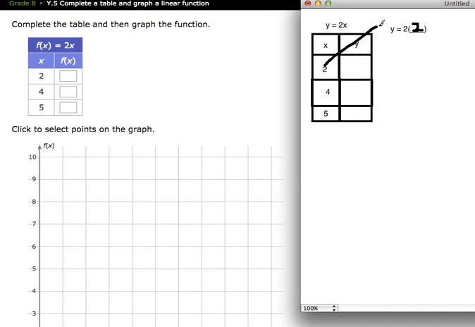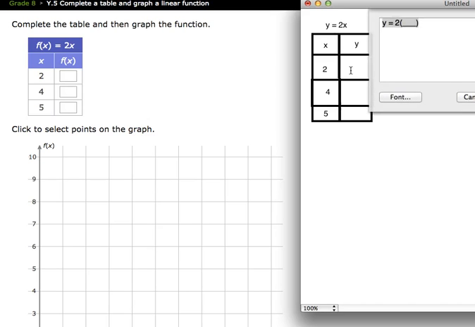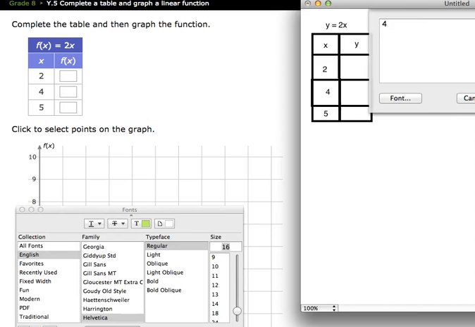That's coming from here, right? So I put the 2 in that spot and I say y equals, then I just got to simplify this right side. I simplify 2 times 2 as I know is 4. So that means I can put 4 in this spot here. Right, so let me type that in right now. I know that my y's got to be 4 here.